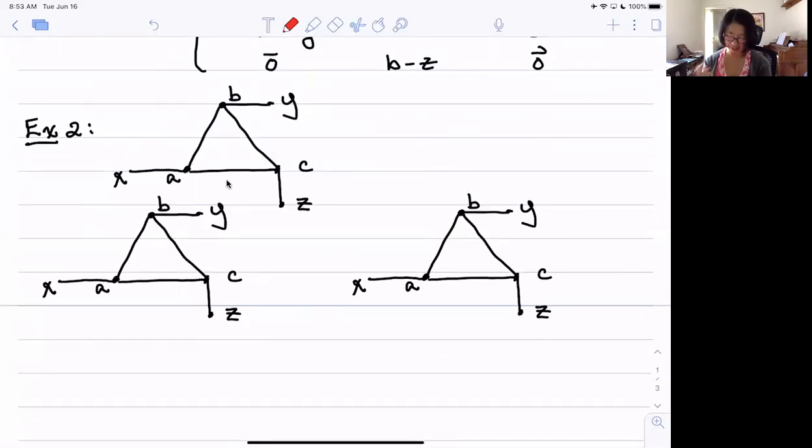I need to start by orienting all my tie-down bars away from the original graph. So I'll get that. Now I have 3 more edges to orient, and when I go to vertex A, it has out degree 1, it needs out degree 2. It has 2 unoriented edges, so I have 2 choices. If I orient the edge from A to B away from A, now A has out degree 2.